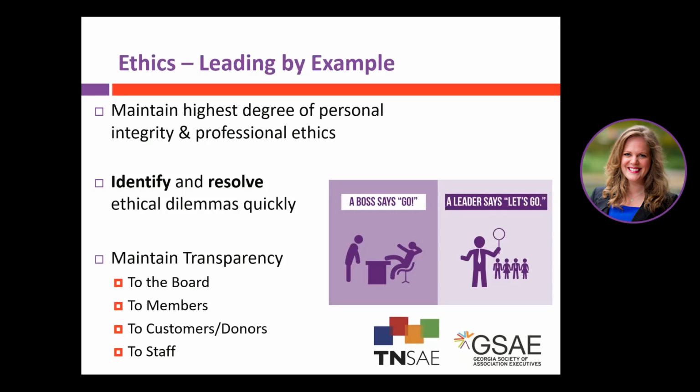And the same is true for members, your customers, your donors, and certainly your staff. You don't want it getting around that there have been these issues. It's best to address it out in the open. And certainly when there are widespread issues or issues affecting multiple members of the staff, say, we've identified these issues, we're resolving them quickly, and if this has affected anyone else, please let us know.